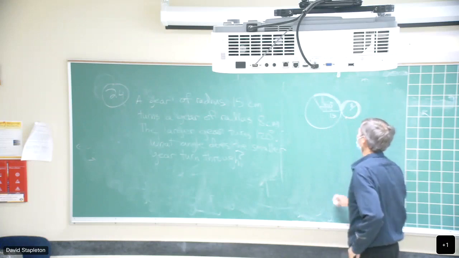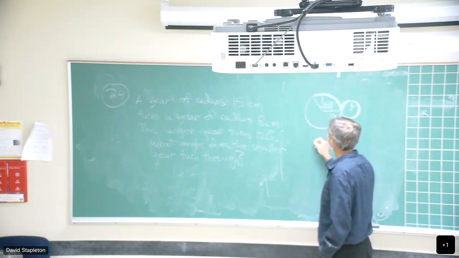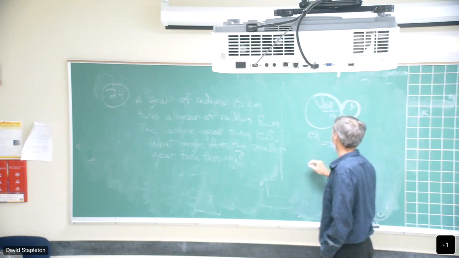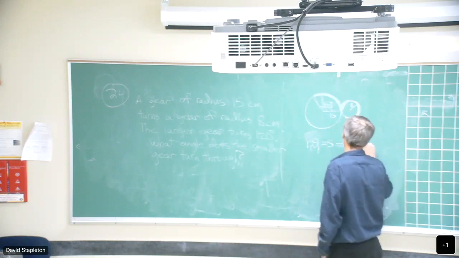And what you say then is that the arc length this one turns, S, is equal to R theta, R1 theta 1, which is also equal to R2 theta 2 over here, right?